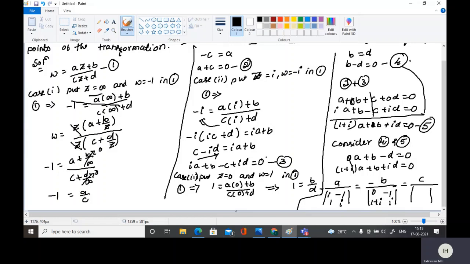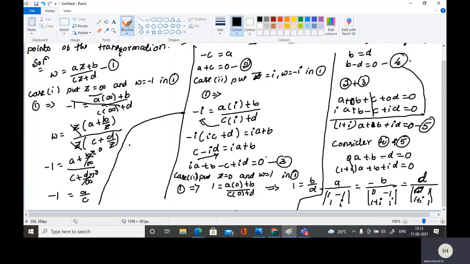Next, D by the determinant: 0, 1, 1 plus i, 1. So now we have to simplify this.